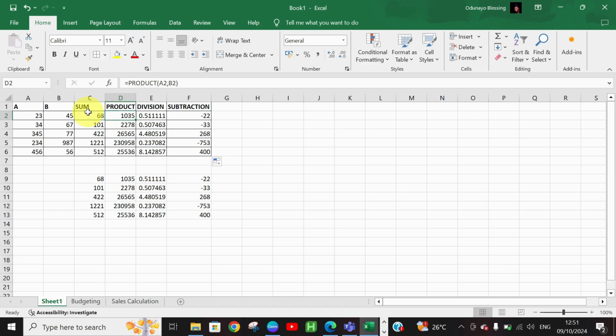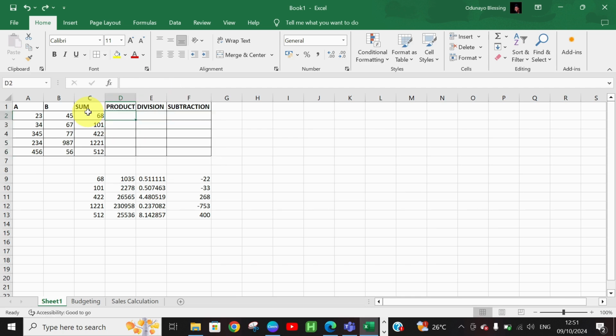If we go to the product, you see that the product of A2, B2, when it got to the next one, changed to A3, B3. That's what we mean by relative references: referencing the data that are on the same line in order to give the answers.